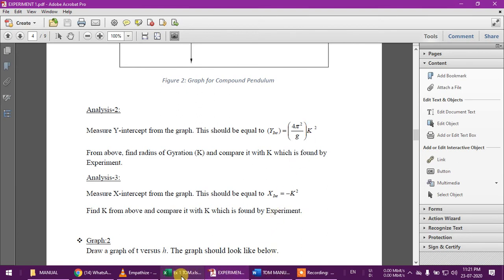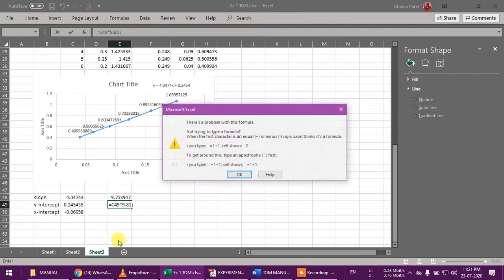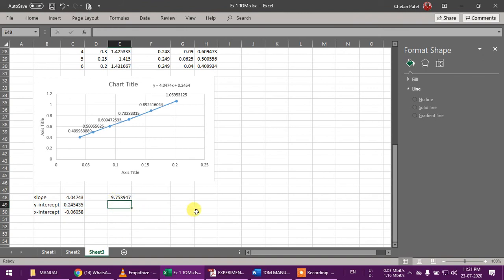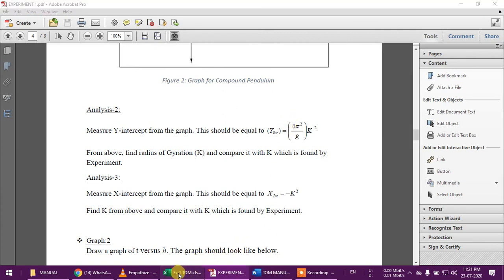So we'll take y-intercept, say, is equal to y-intercept multiplied by 9.81 and put everything into a bracket. So what we are getting here is y-intercept into g, divided by 4 pi square to be done now.